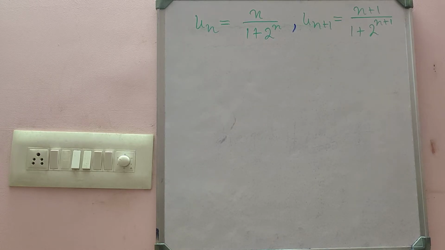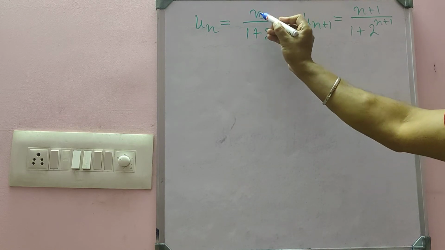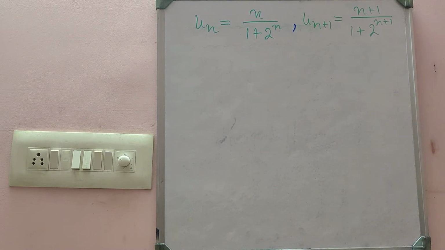As we see in our series, the numerator part is 1, 2, 3 and so on. It means in the n term the numerator will be n, divided by the denominator part. In the first term it is 1 plus 2, in the second term 1 plus 2 square, in the third term 1 plus 2 cube, and so on.